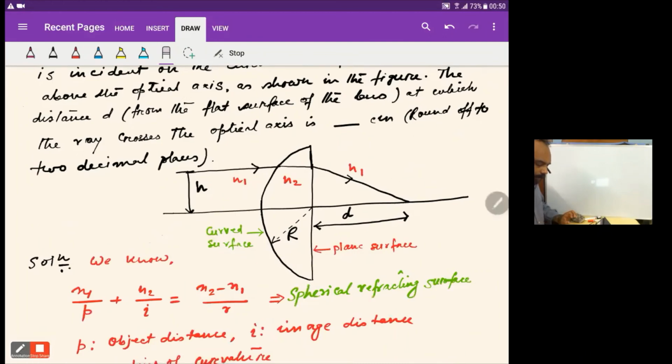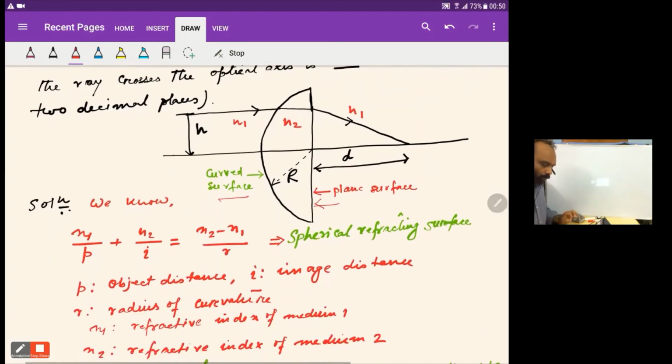So basically, this is our curved surface and this is our flat surface. Radius of curvature of the curved surface is R. We have n1 refractive index, this is for air. n2 is the refractive index of the glass. And again, when the ray comes out of the system, it comes to the air, which has refractive index again n1.